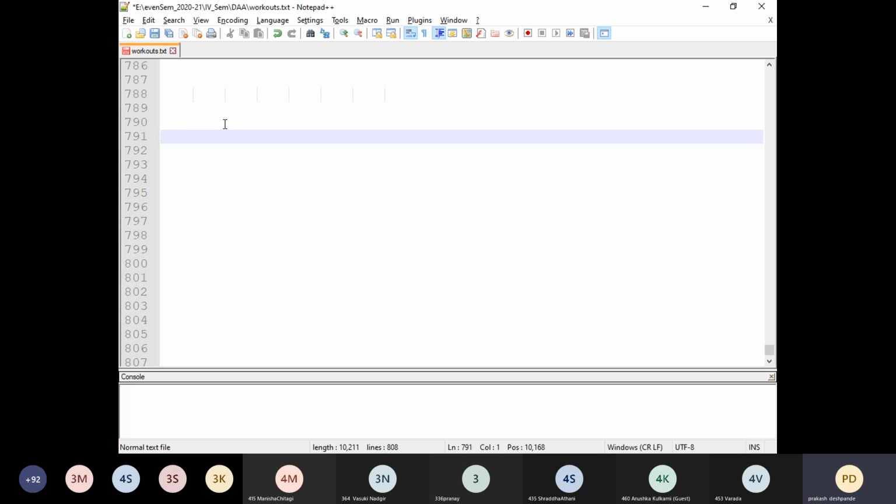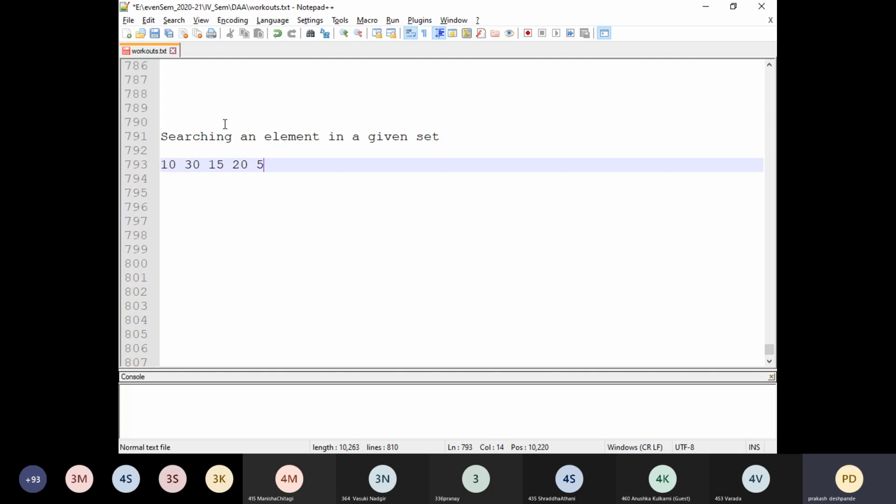Okay, now there can be two different types of problems. The first problem, the best example, is searching for an element in a given set. Searching for an element means, suppose we have some numbers like 10, 30, 15, 20, 50, 35.